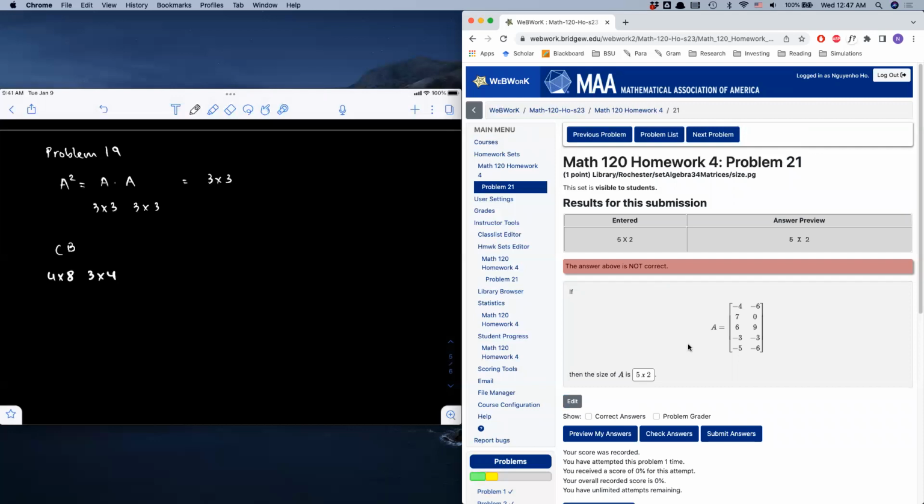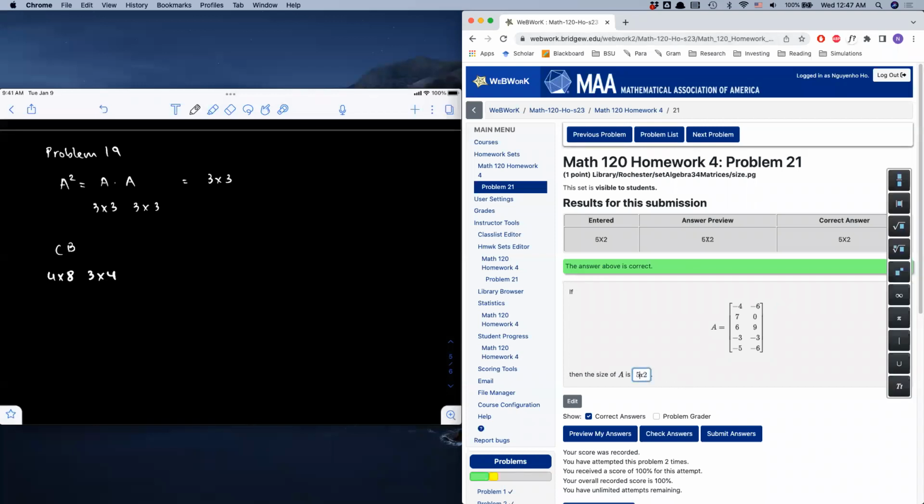So let's see. For this problem, a few seconds earlier, I actually used this notation instead. So there is some spacing between the numbers and the x, just like we did in problem 19. But in this problem, we cannot do that.